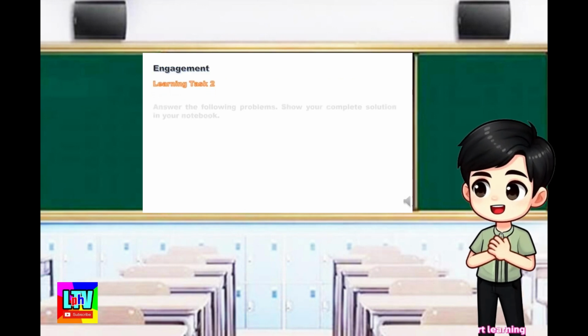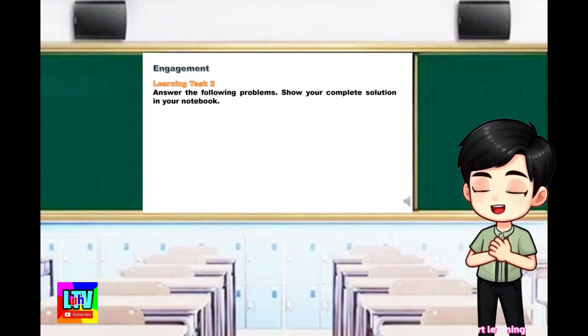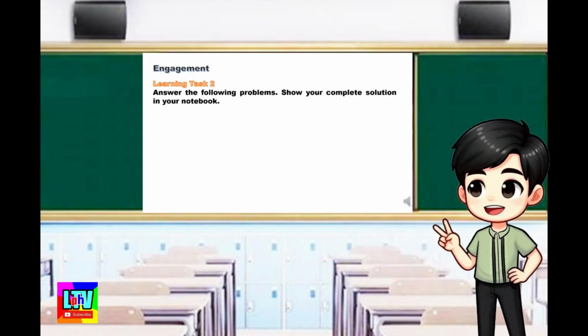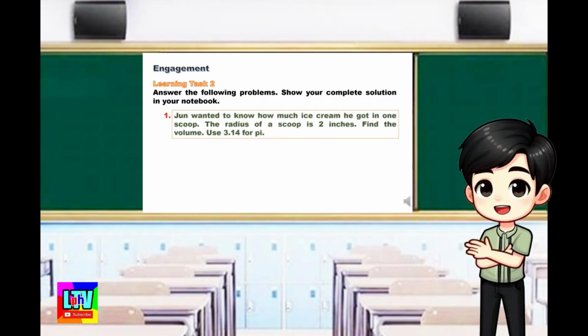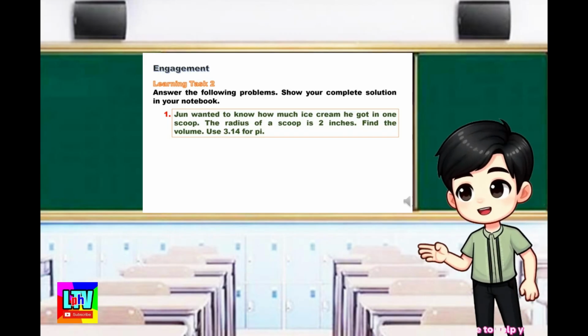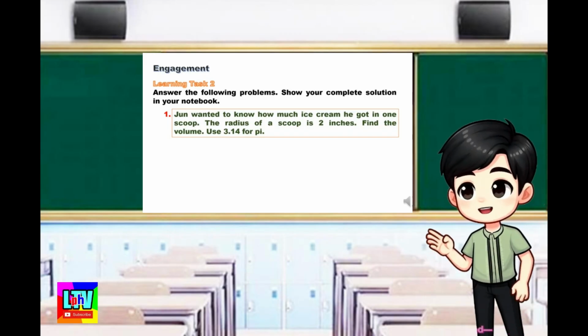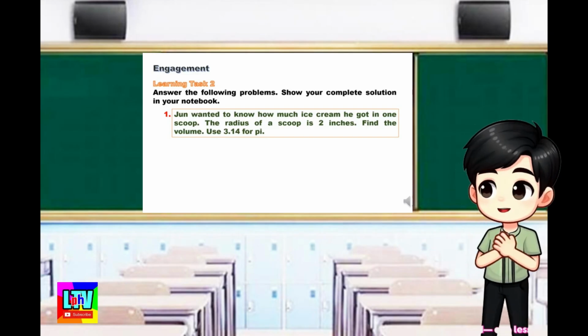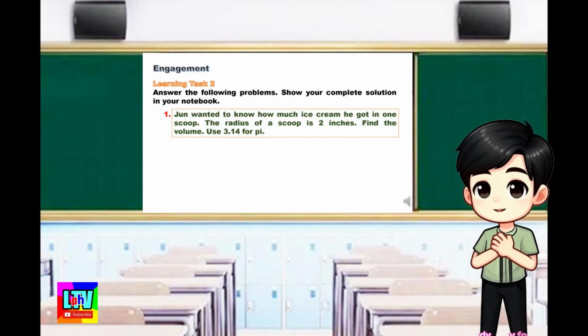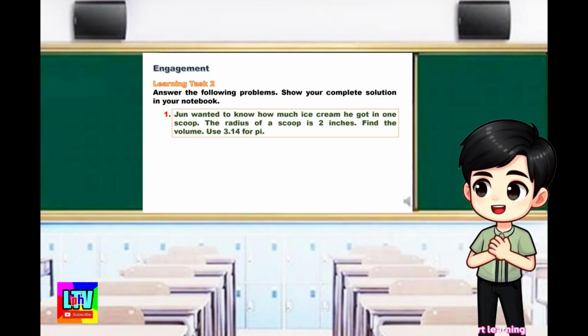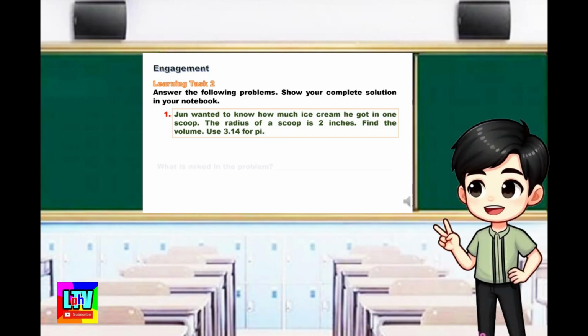Learning task 2. Answer the following problems. Show your complete solution in your notebook. And this is problem number 1. June wanted to know how much ice cream he got in one scoop. The radius of a scoop is 2 inches. Find the volume. Use 3.14.